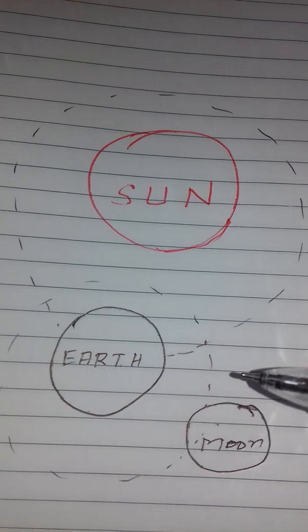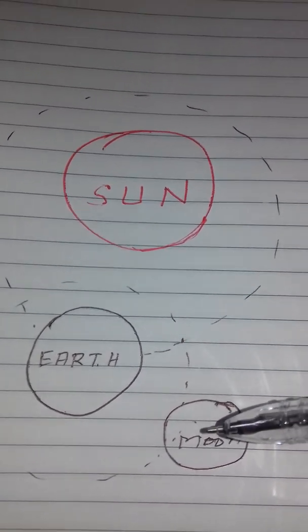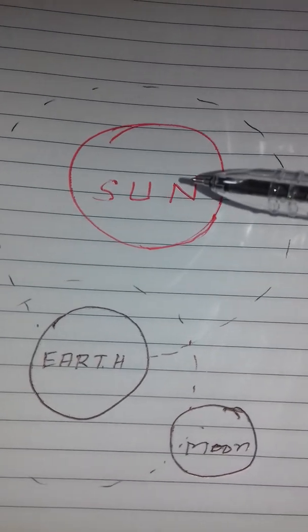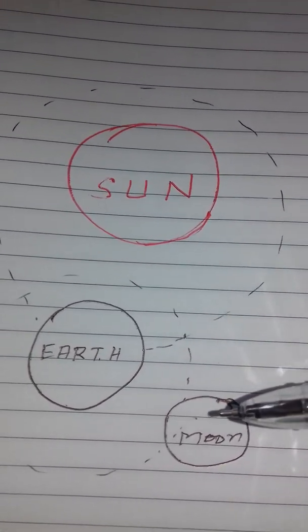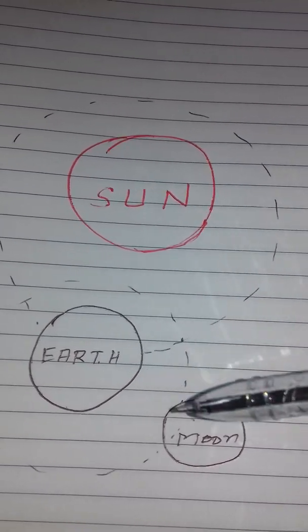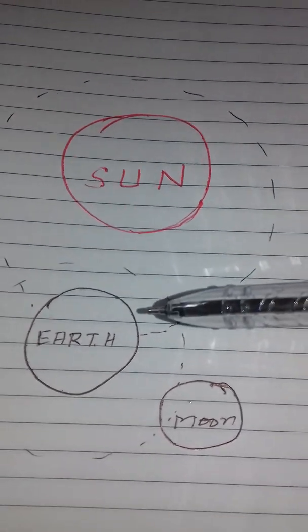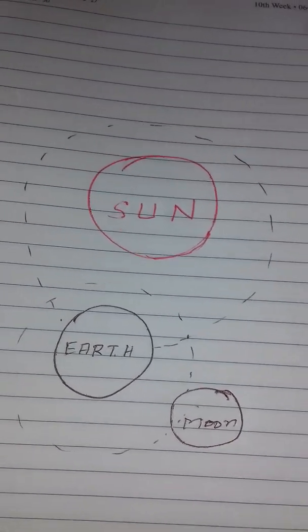It looks big because it is close to us, and the sun is far away from us. Understood? Come to the next one.